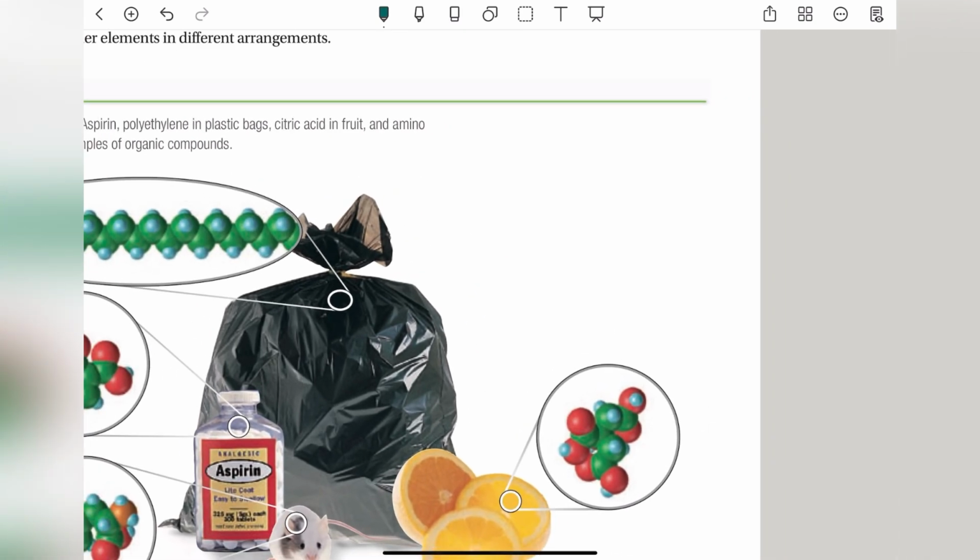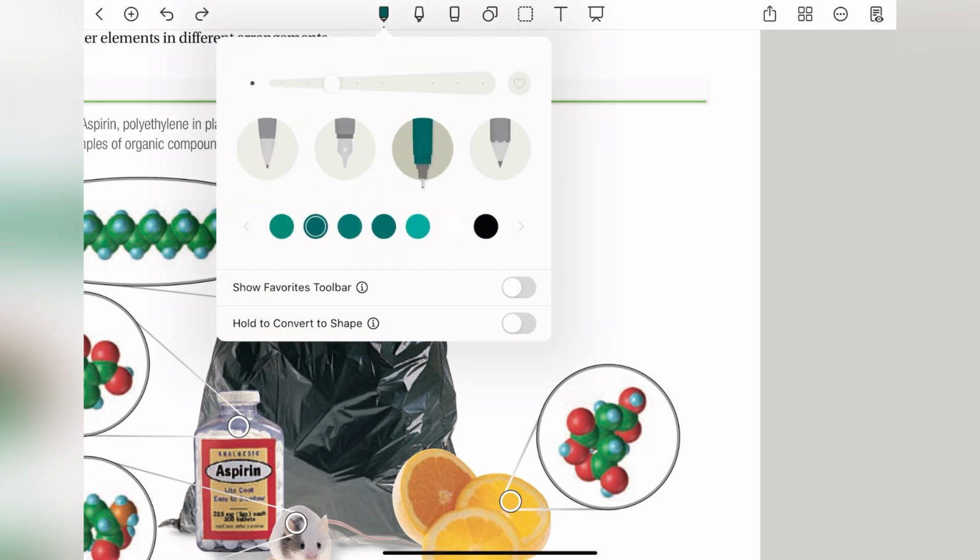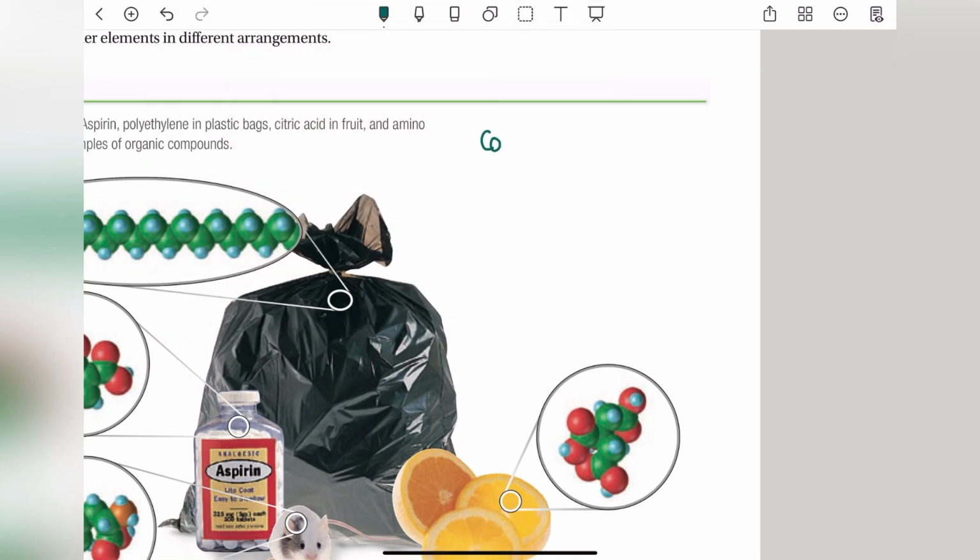Simply so, compounds. Let me do this. We have compounds and we have molecules. So compounds have to consist of different elements. So there has to be an X and a Y, both of them being elements. And then a molecule doesn't have to consist of different elements.